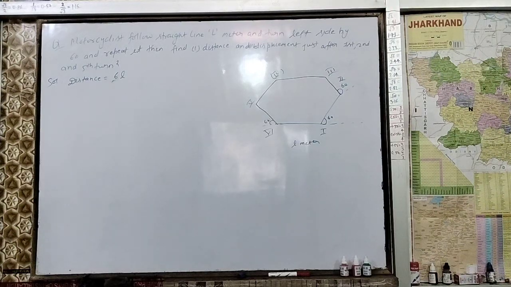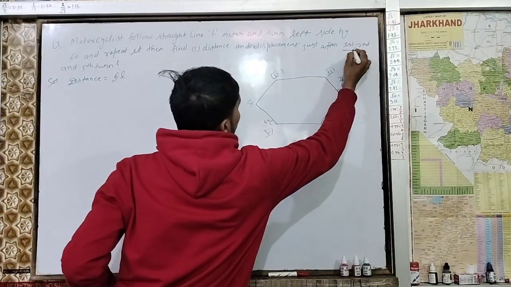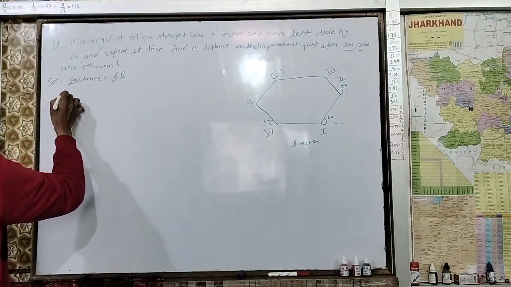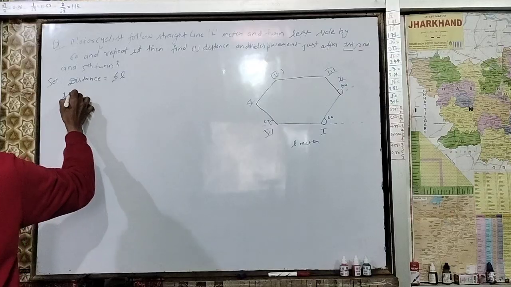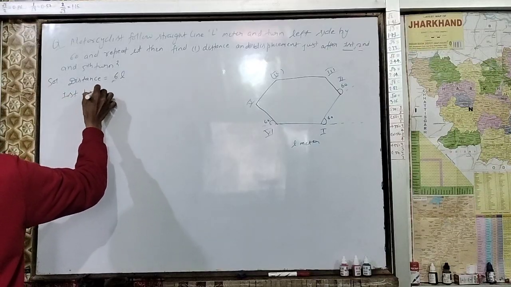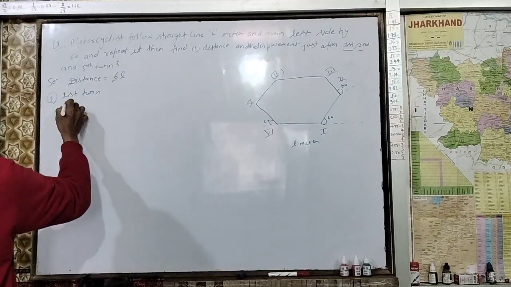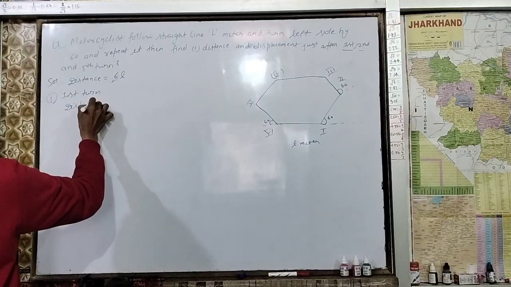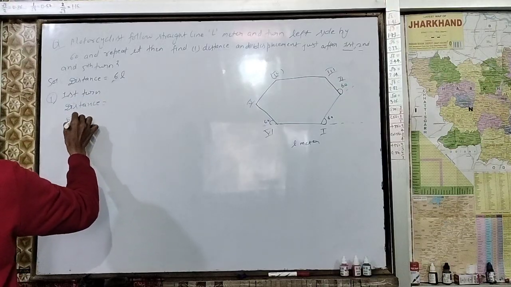Now just after the first, second, and third turns. So at the first turn, what will be our distance and displacement?